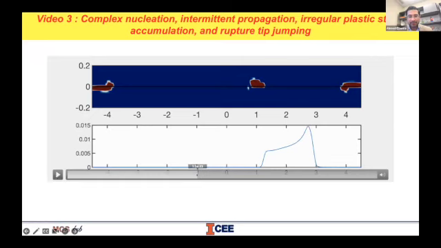And I will accelerate. You will see that little patches of plastic strain can accumulate ahead of the rupture tip because of the interaction between stress perturbation and the residual stress field. Focus on the left propagating tip, which would take place in a little bit.